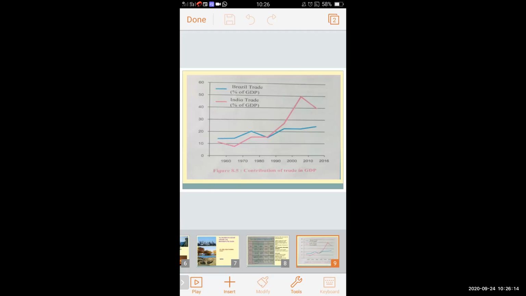So we can see from this graph that in 1960, India's trade is less and Brazil's is more. In 1970 also, there was the same condition. The trade of India is less than Brazil. You can see that the blue line is going on increasing from 1960 to 1970.